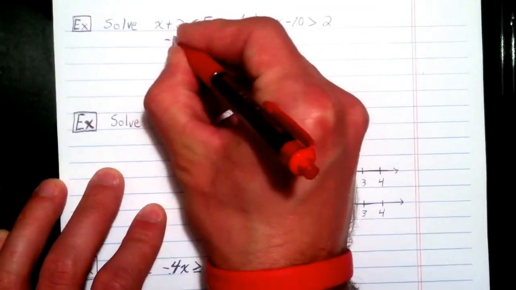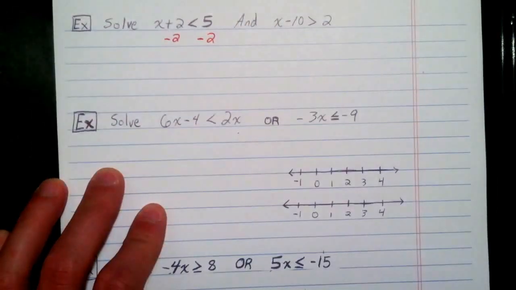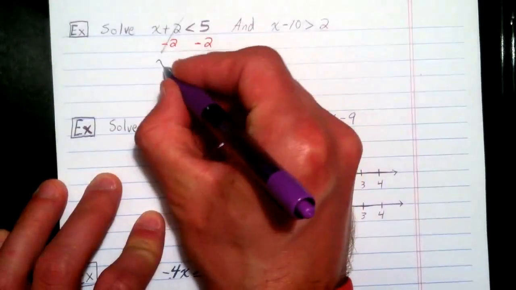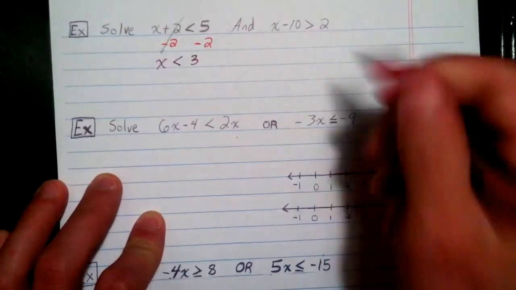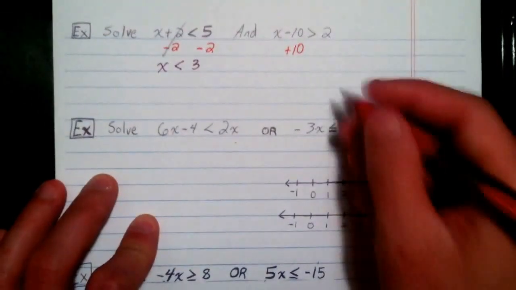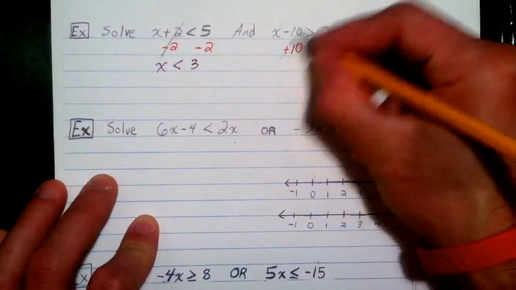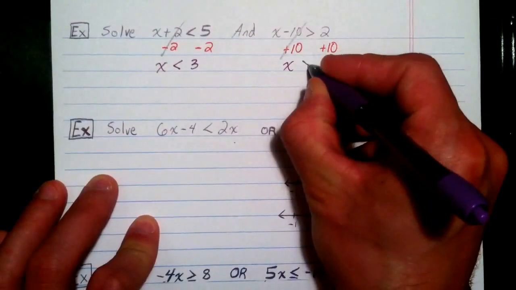To get x by itself here, just subtract 2 from both sides, which will cancel out our 2's. Leaves us with x is less than positive 3. Now solving this other inequality, we have to add 10 to both sides of the inequality. Canceling out the 10's leaves us with x is greater than 12.